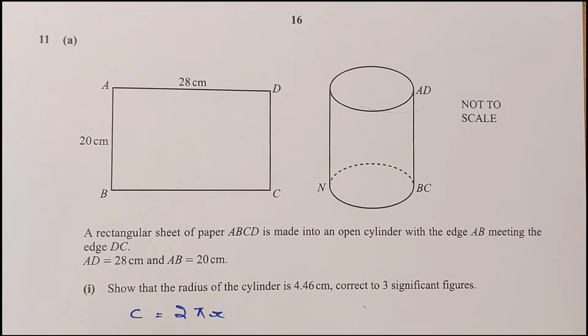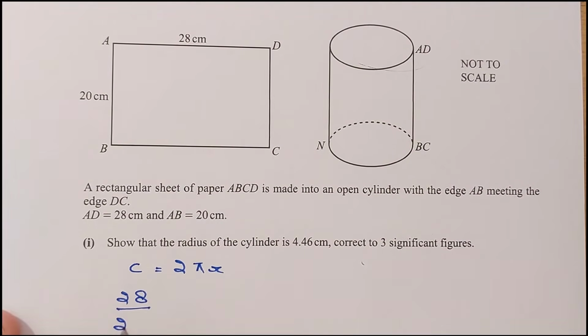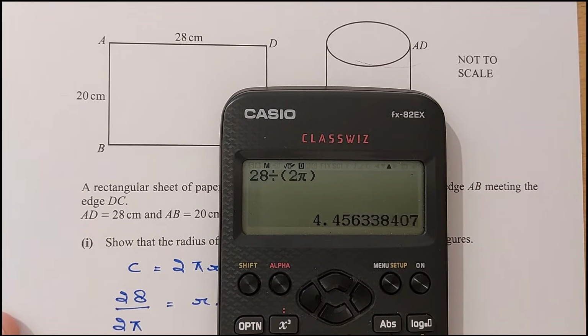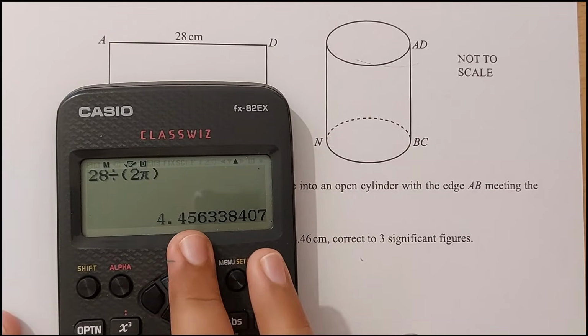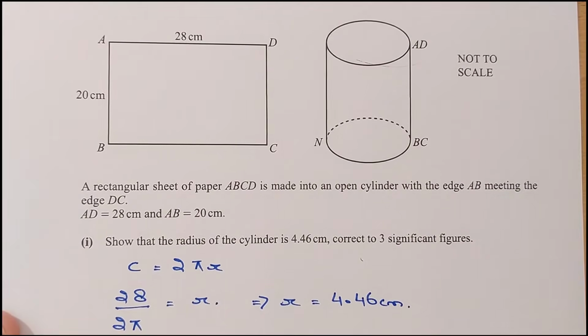So we have to use this as 28 divides 2 pi, we will get the radius, right? So we have 28 divides 2 pi. This is 4.456, and up to 3 significant figures 4.46 if I round it. So the radius r is equal to 4.46 centimeter, right?